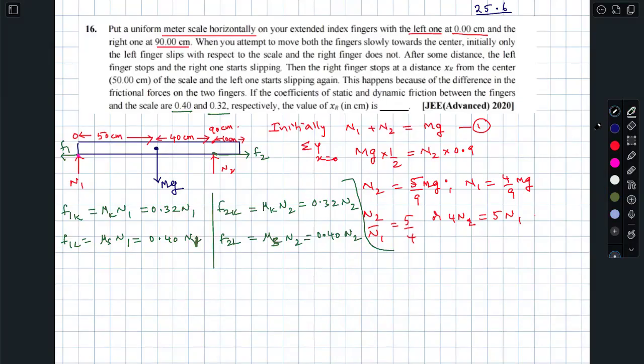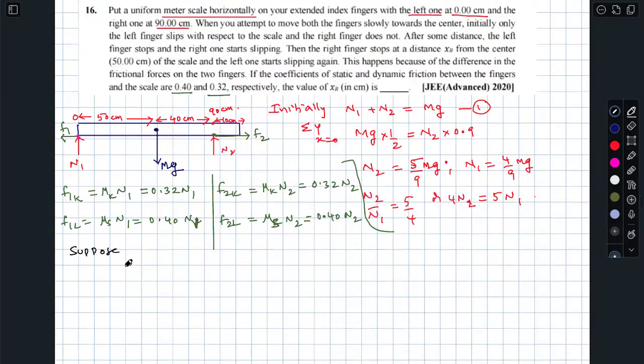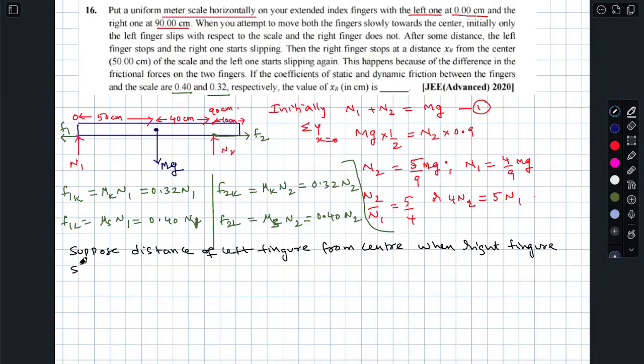Suppose, I'm just assuming, suppose the distance of the left finger from the center, when the right finger starts moving, is XL.